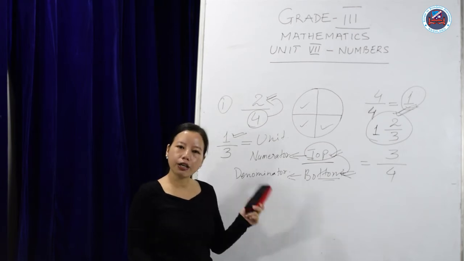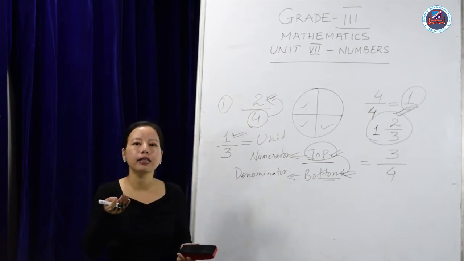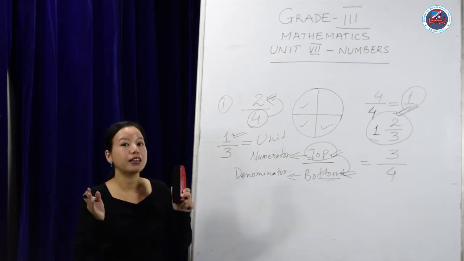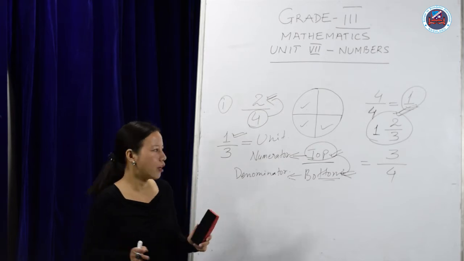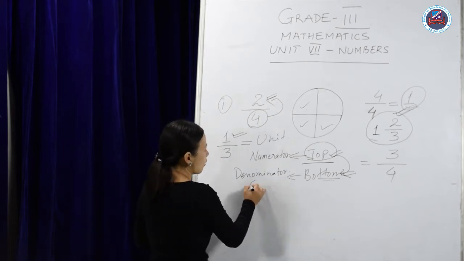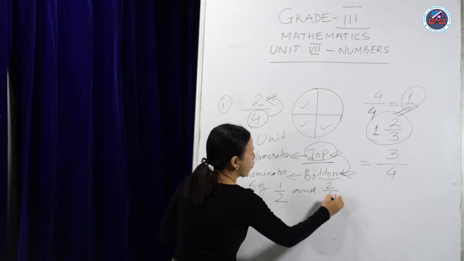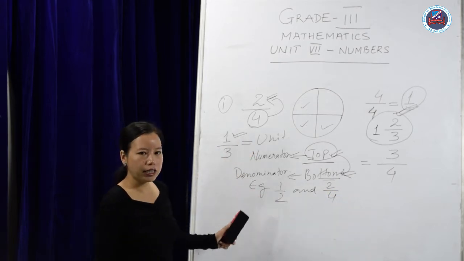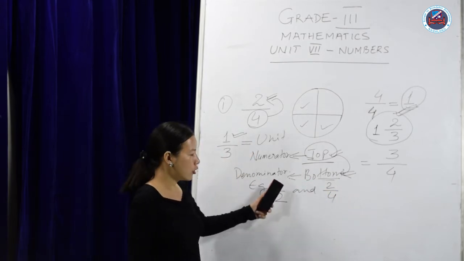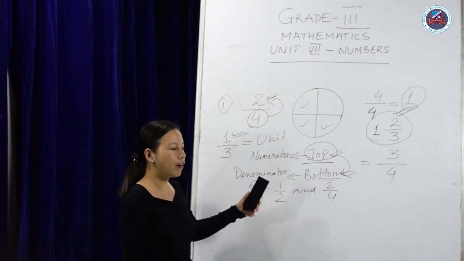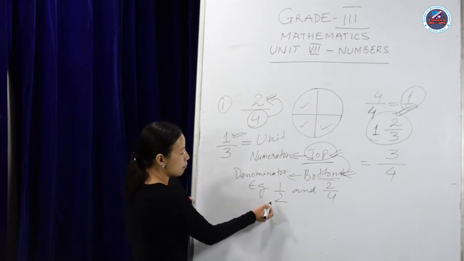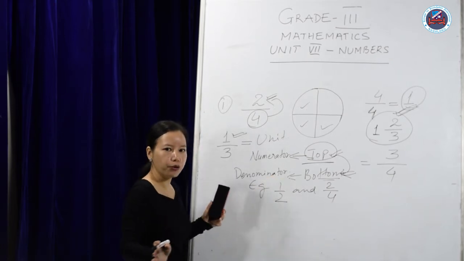And now last we have the equivalent fractions. In an equivalent fraction, the top number and the bottom number will be different, but the value will be the same. For example, 1 by 2 and 2 by 4. Now these two fractions have different top and bottom numbers, but the value is the same. How? Half of 2 is 1, we know that, right?